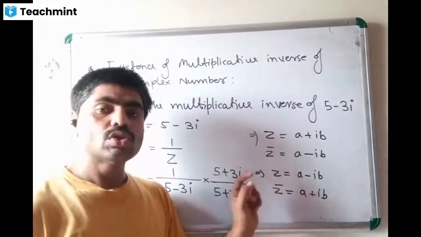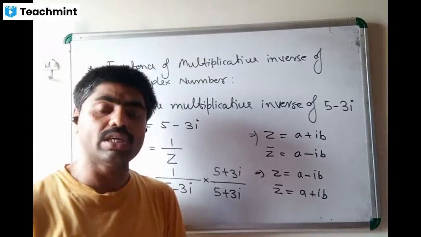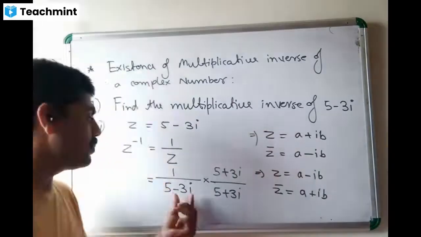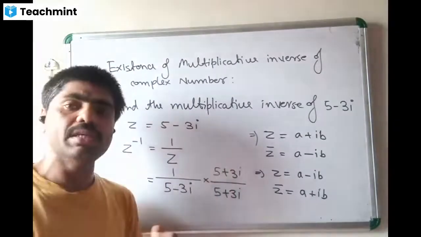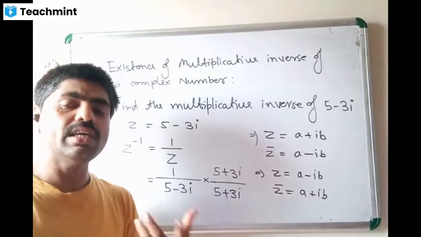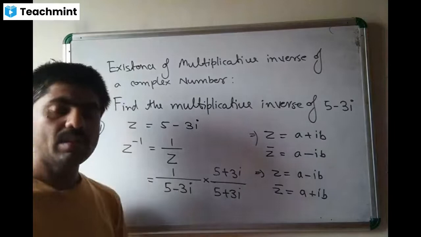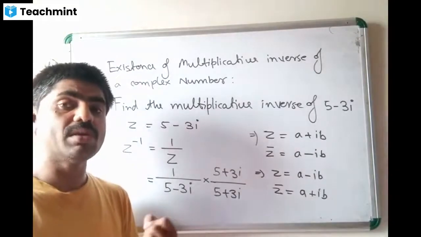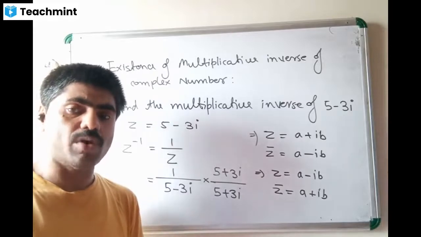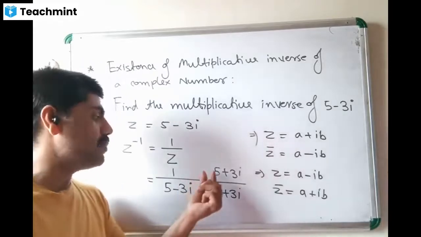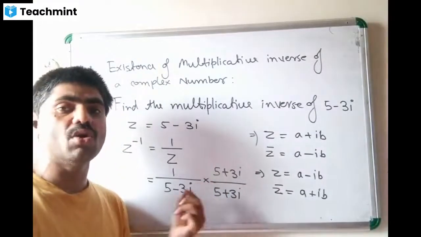To rationalize, meaning to write in the standard form of the complex number, you multiply by its conjugate in the numerator and the denominator. To find the standard form, or the inverse, if you have a complex number in the denominator, you multiply by its conjugate in the numerator and the denominator.